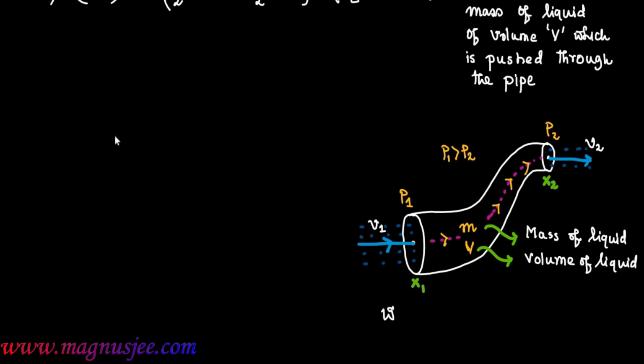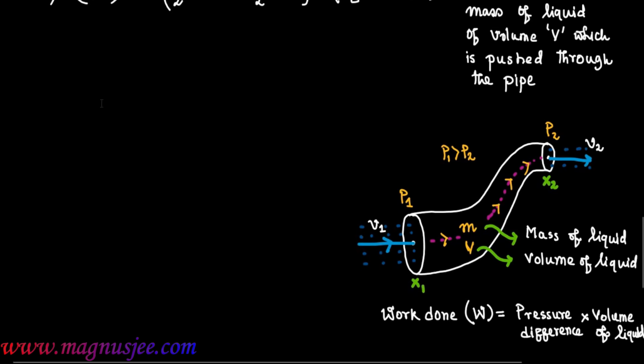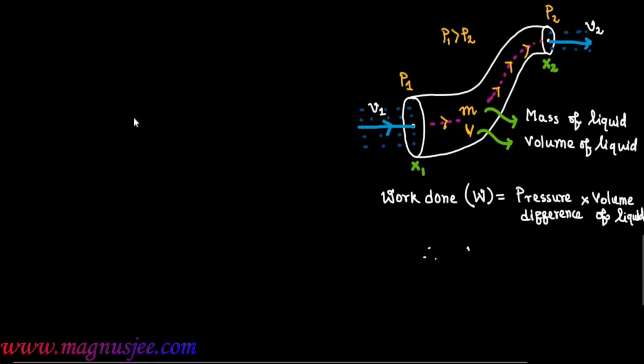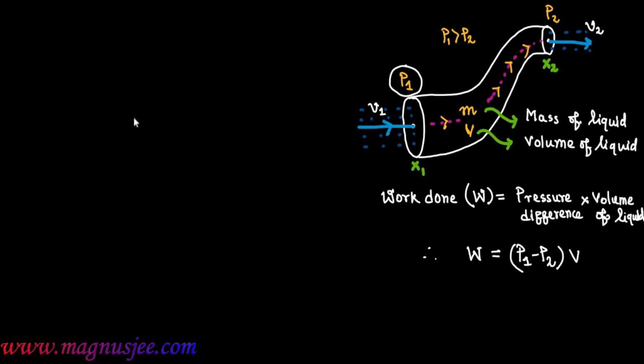And in this case, the work done W is the pressure difference into the volume of liquid which is pushed through the pipe. Therefore, work done W will be P1 minus P2, which is the pressure difference between the two ends of the pipe, into V. Capital V is the volume of liquid.